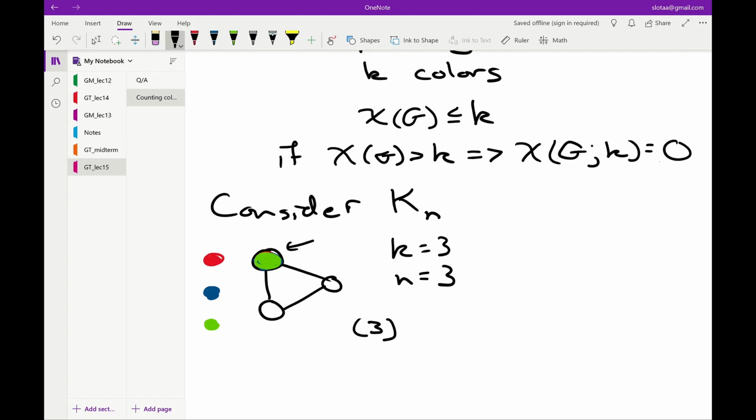Say next we consider coloring some separate vertex. We can color it with every color except the one we originally colored that first vertex with. So we color it with color 2 or that third color. In other words, 2 possibilities. And then going to our final vertex, we are only left with that one final color we didn't use.